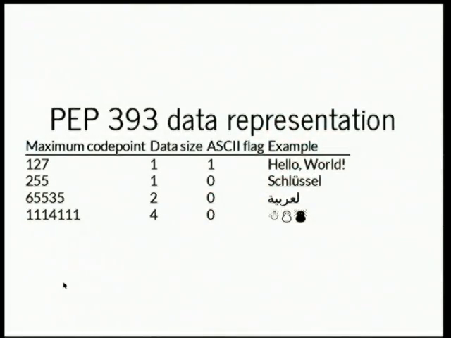So if the maximum code point is 255, then you can use 1 byte, because you can represent every code point less than 255 as 1 byte. And that covers most of the European languages. If you're using a character in the BMP, then you get a data size of 2, and if you want to use the full range of Unicode, then the string will have a data size of 4. It will essentially be UTF-32.